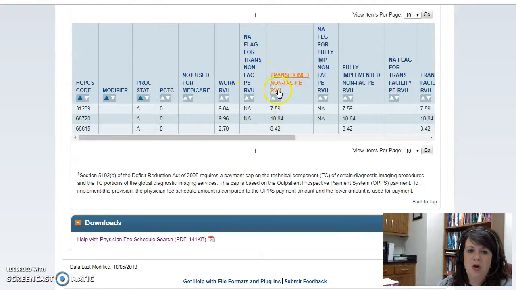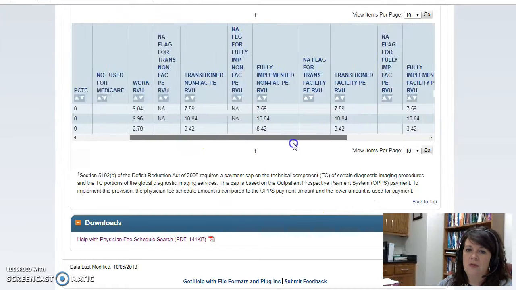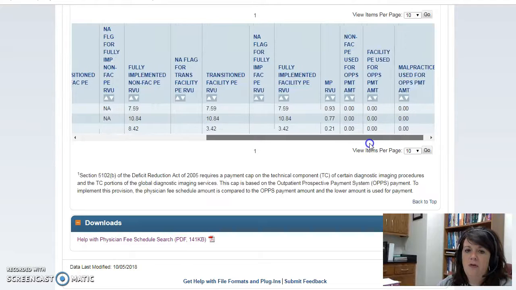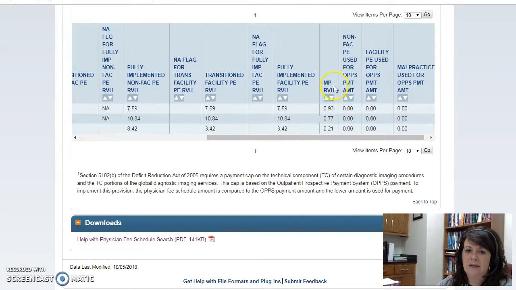You can skip this column, the transitioned non-facility practice expense, fully implemented and non-fully implemented facility, a transitional facility practice expense RVU. It just keeps going all the way. Here we get finally to malpractice, okay, the MP RVU as well.